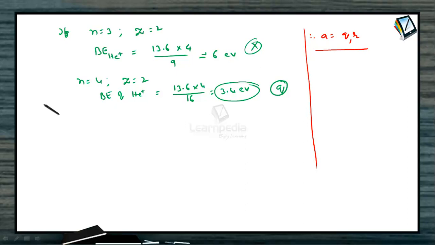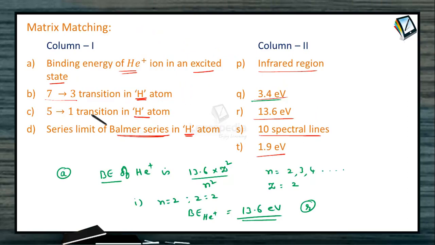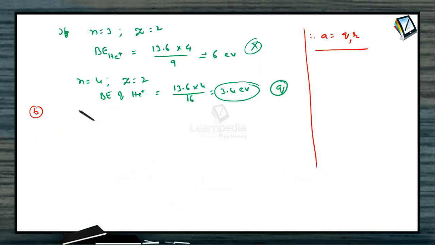Now let us take B. If the transition of an electron is from 7th to 3rd in hydrogen, how many spectral lines will be formed? When the transition is 7 to 3, the electron is coming down to the 3rd level, through N is equal to 4 and so on, finally from 7th to 3rd. This spectral line will be in the infrared region.